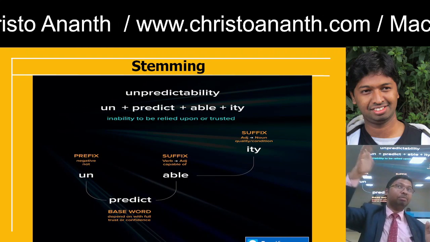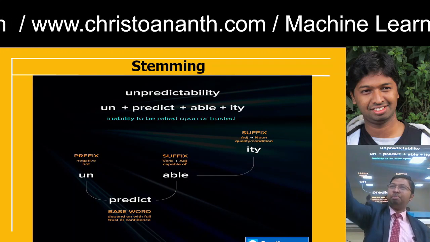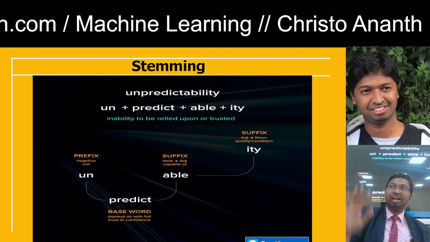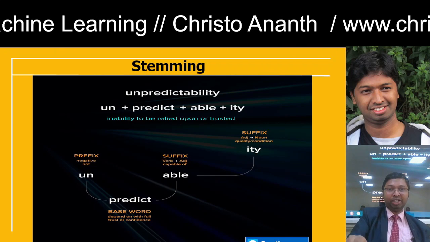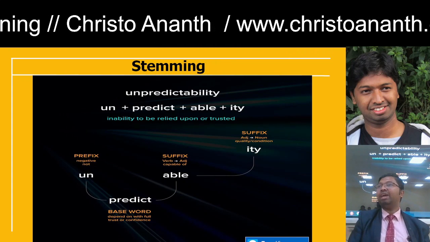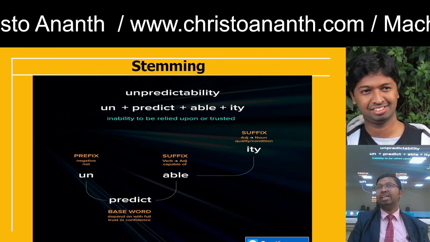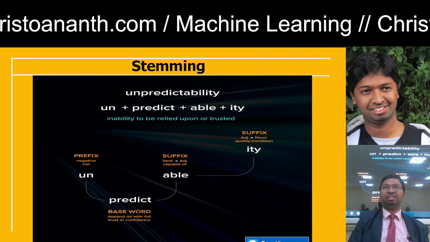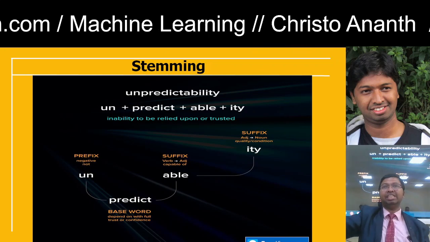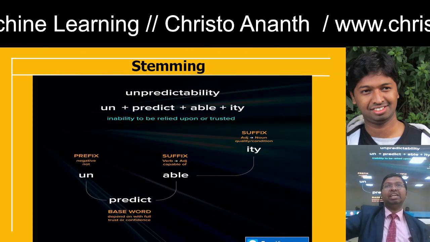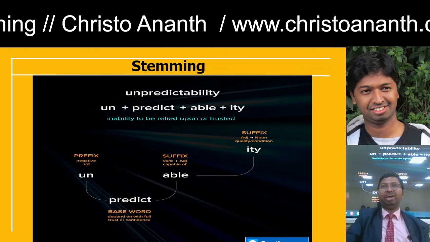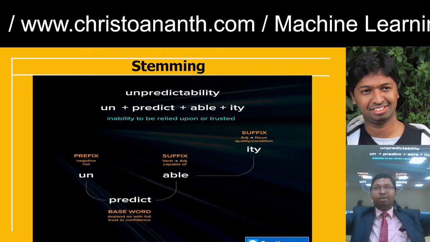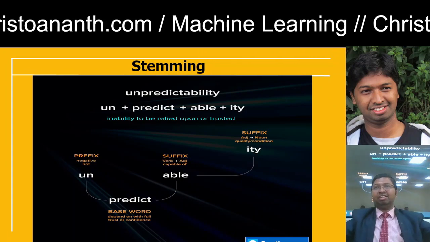Unpredictable means you cannot predict. Able means capable. Ity is a noun suffix, an additional part that you are going to add. So for every big word, it is taking the meanings out of it.